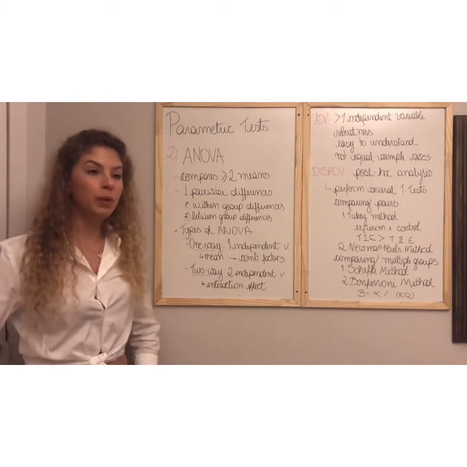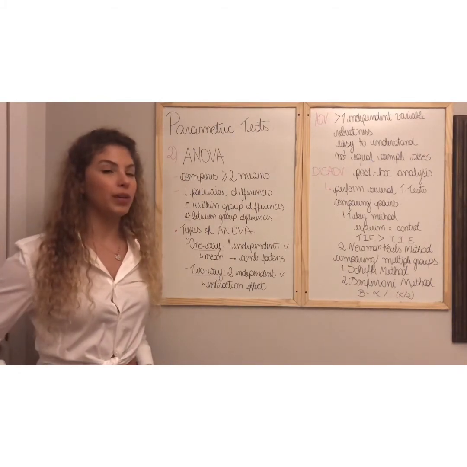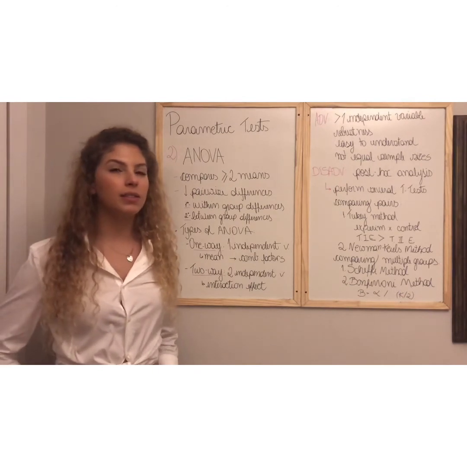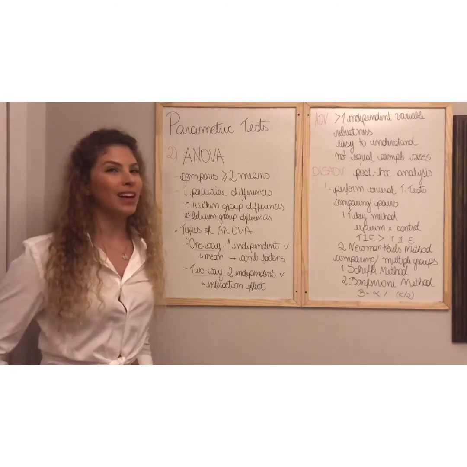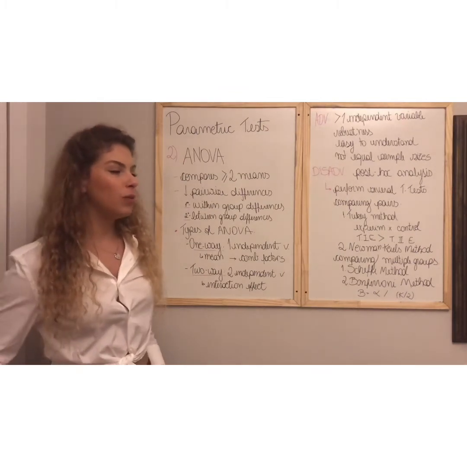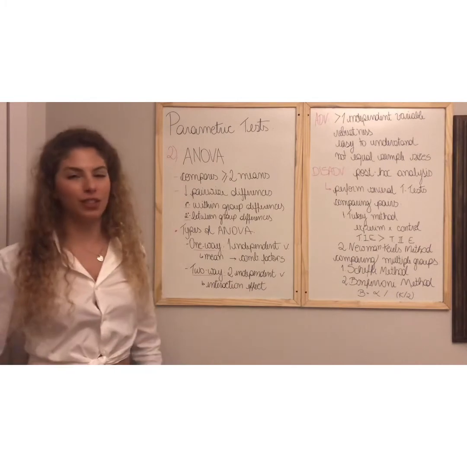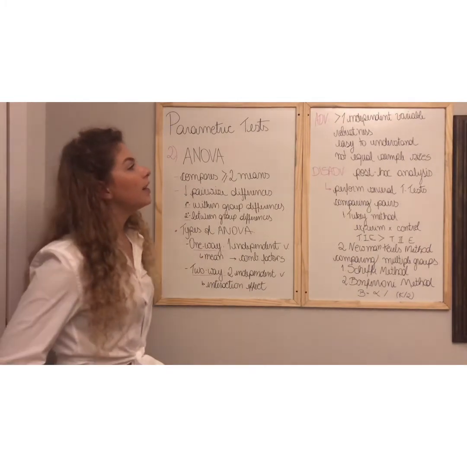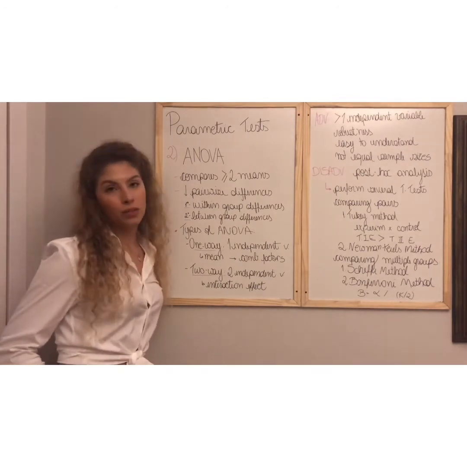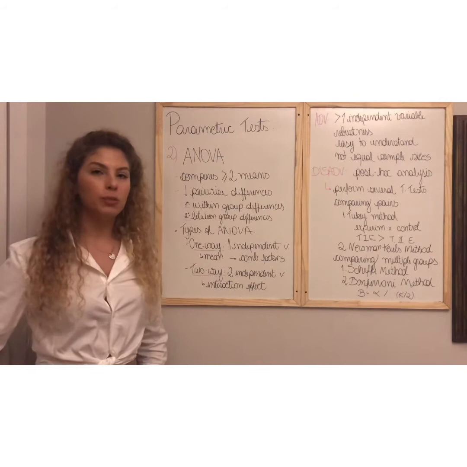However, we need to be pretty careful when running ANOVA on non-normally distributed data, because we don't know exactly how to quantify these small violations of normal distribution. Okay. And then ANOVA is also easy to understand, and it is pretty commonly used.